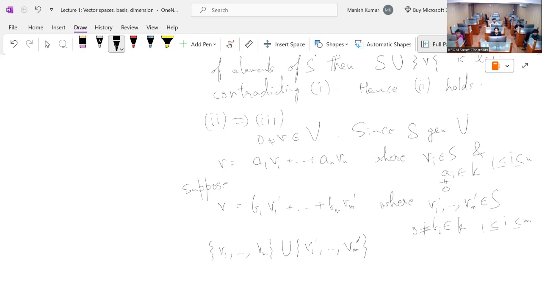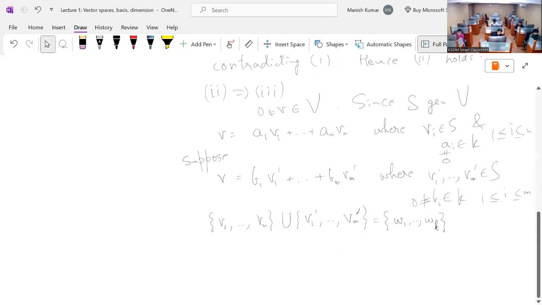Let's call it w1 to, so it's possibly a bigger set. If S was finite, then it would have been easier to write. So maybe w1 to wl, let's say.